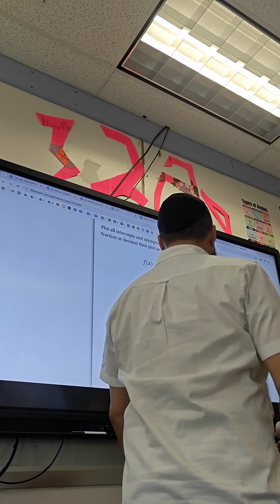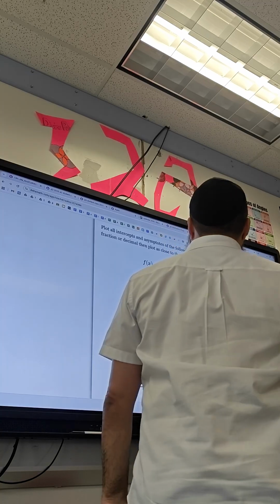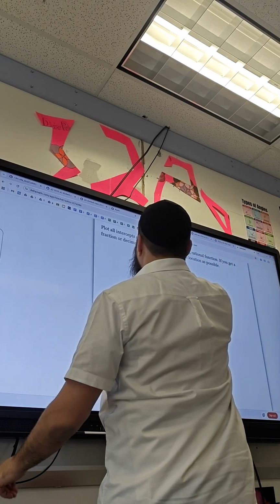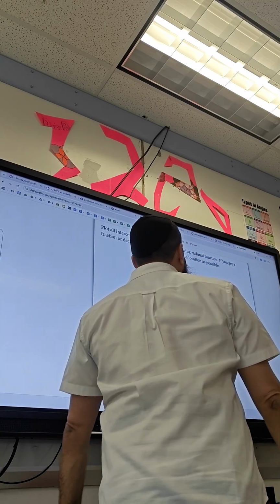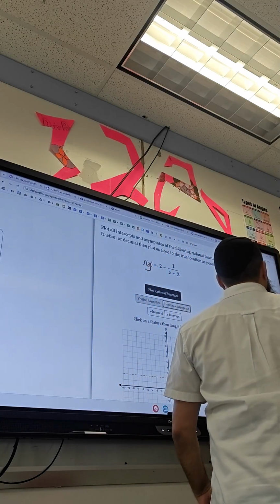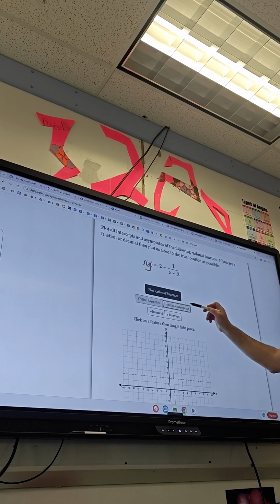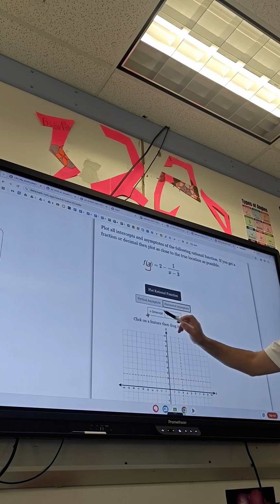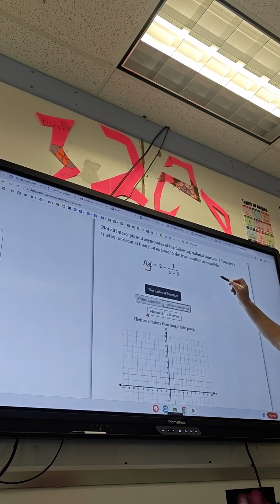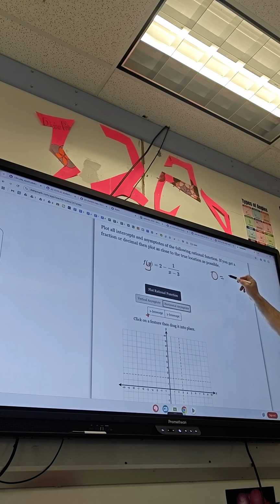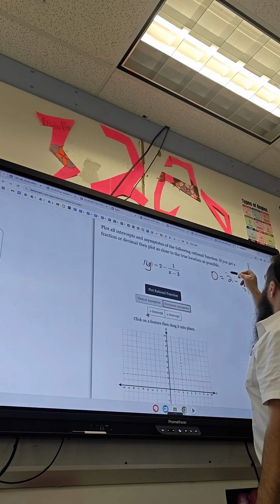To find the x-intercept, you're setting y to 0. If you remember way back when, if you find the x-intercept, you set y equals 0. To find the y-intercept, you set x equal to 0. So we're going to find the x-intercept first, because that is the first one listed. So 0 equals 2 minus 1 over x minus 3. So we go -2.